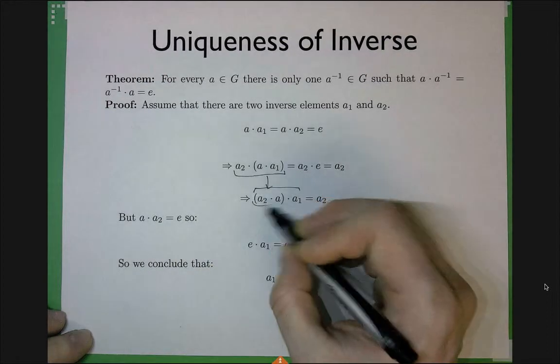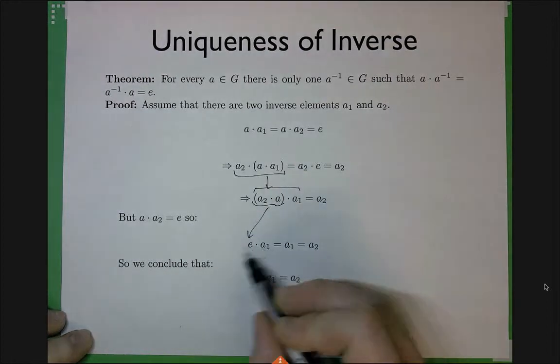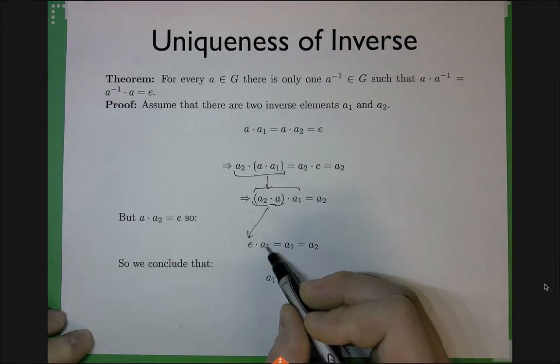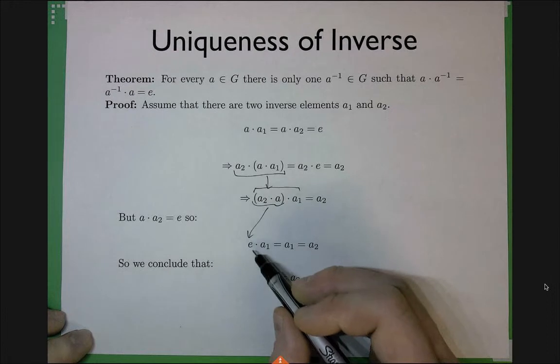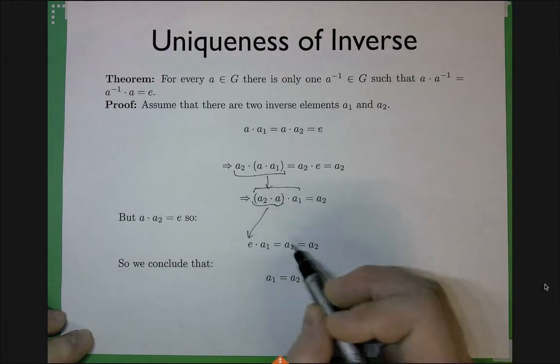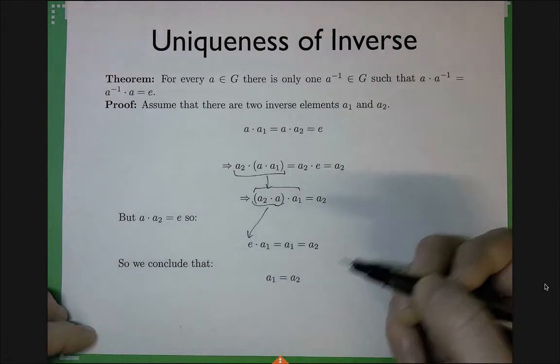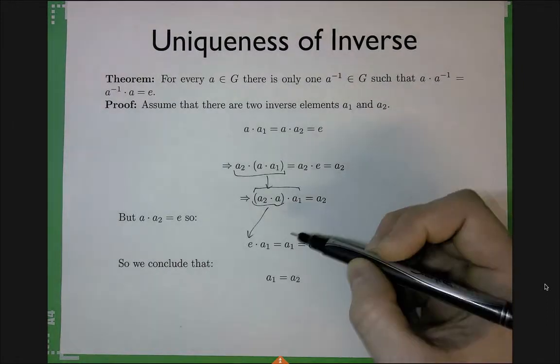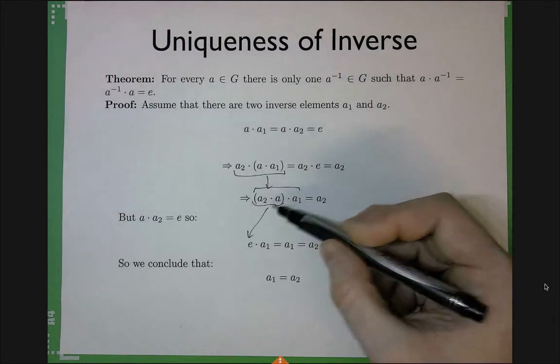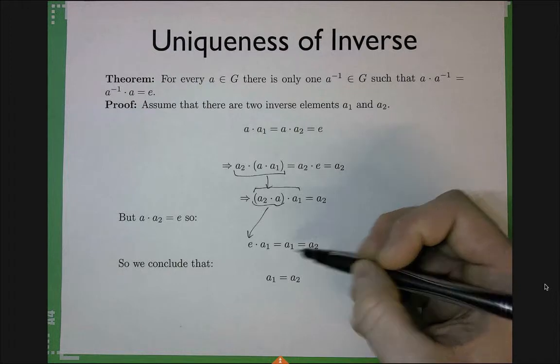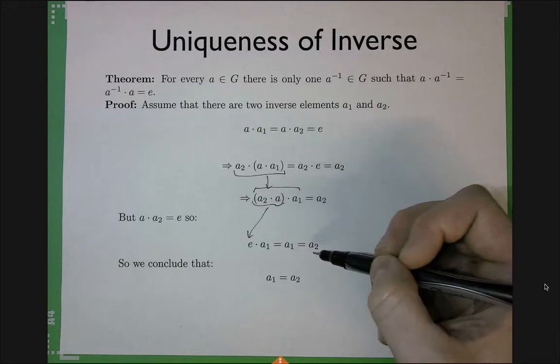So this is just identity. And identity times A1 is just A1, of course. So it follows that A1 has to be A2.